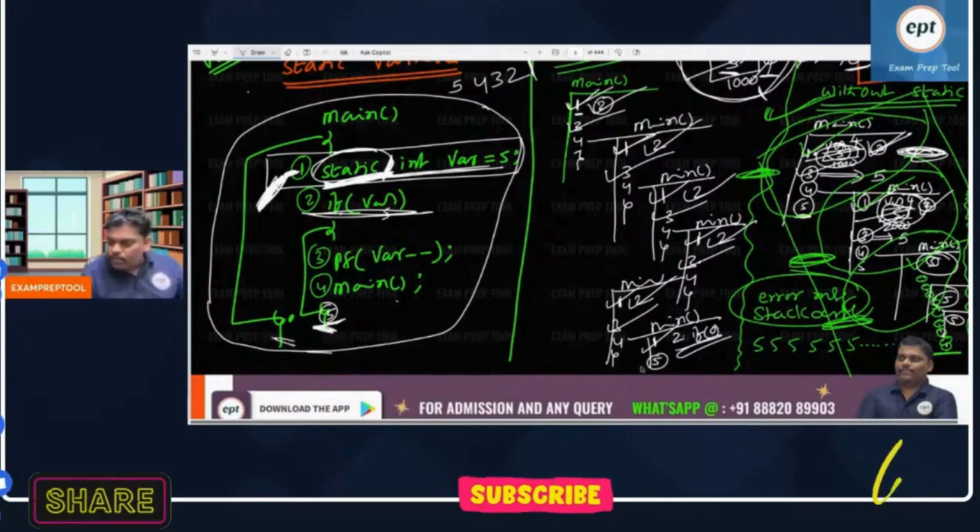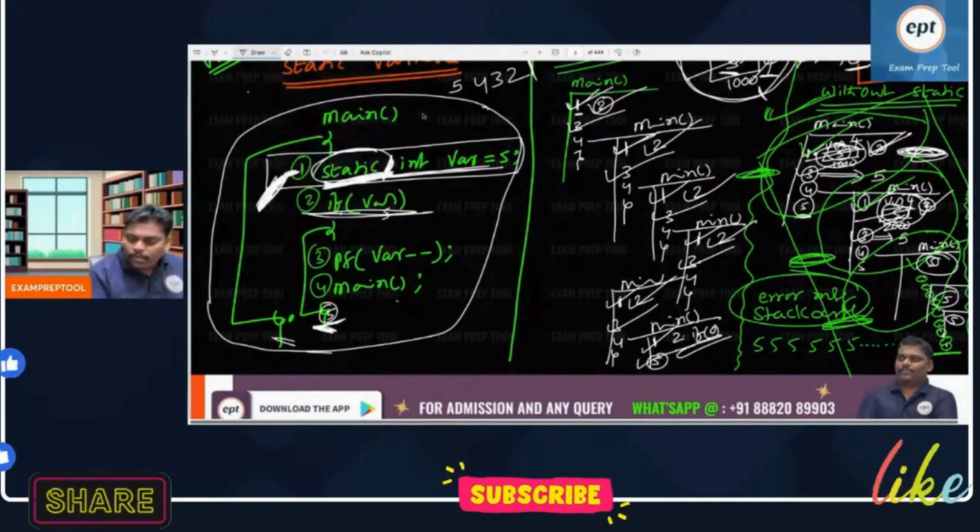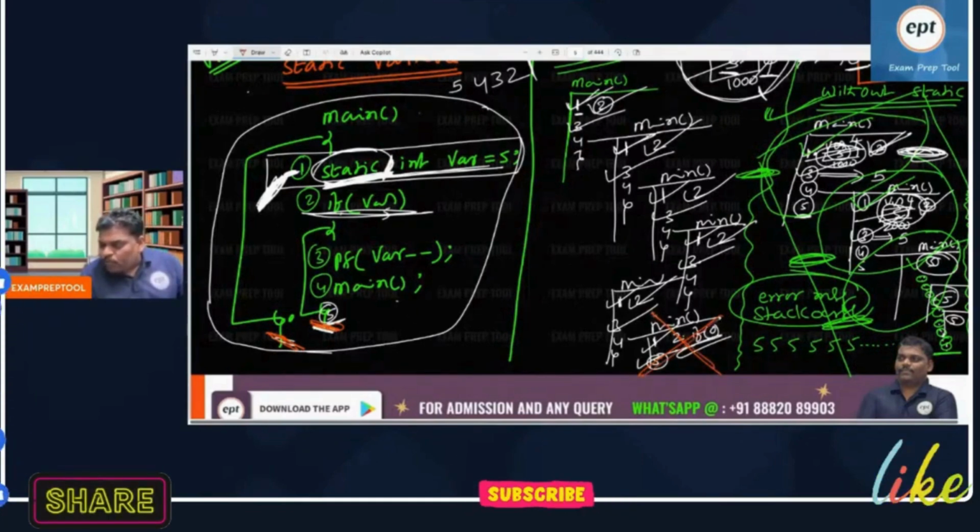End of the function. When the fifth line is also completed, now observe properly, that means this function is over. When this function is over, it is popped out of the stack.